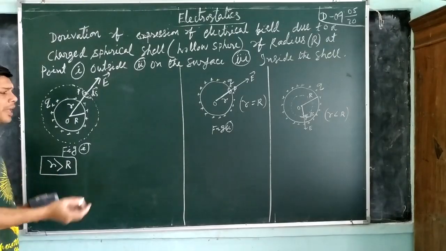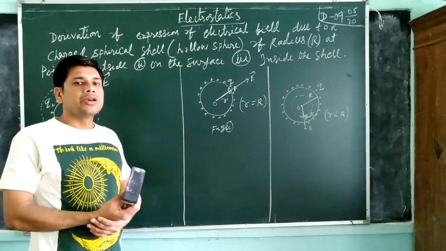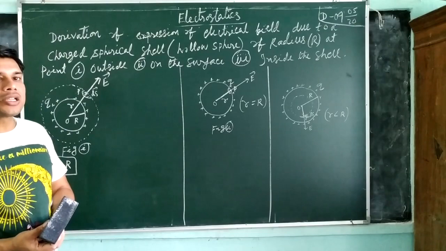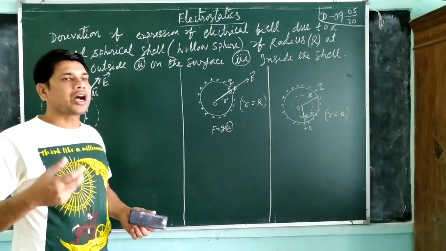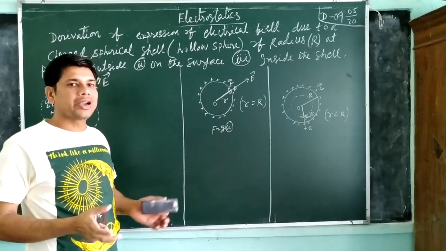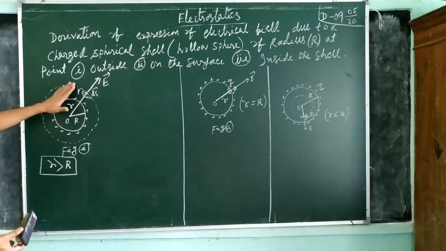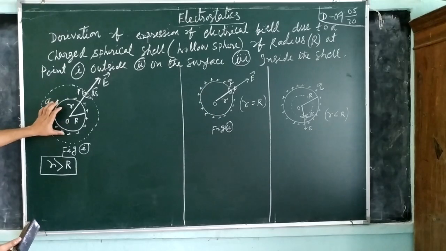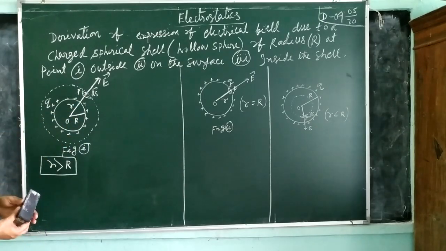Now, as we know, when the charge is spherically distributed, the electric field for a spherically charged distributed body is always radially outward. So the electric field originating from this charged spherical shell is always normal to the surface of the sphere.